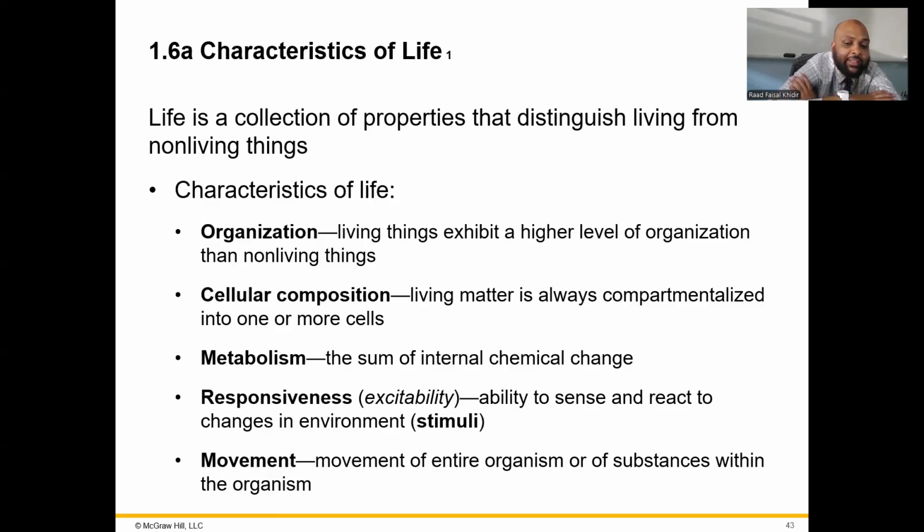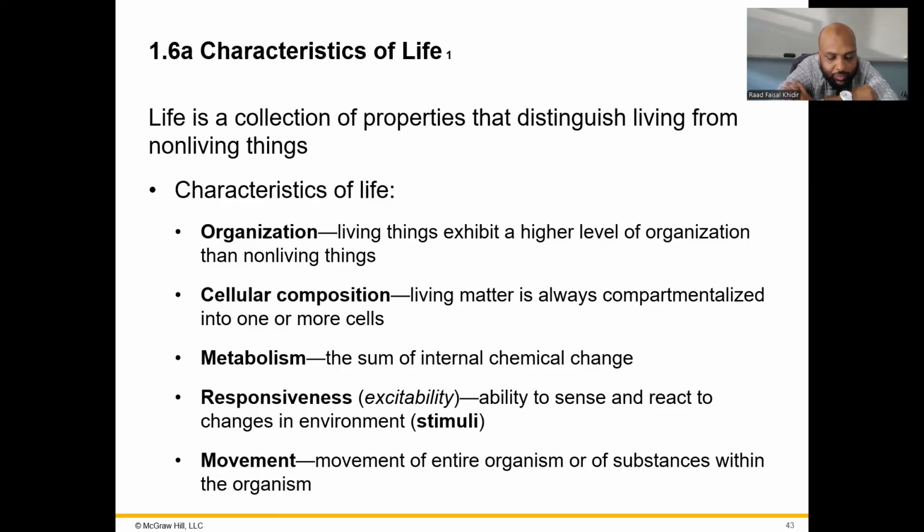Responsiveness says excitability. Excitability is the ability to sense and react to changes in the environment, stimuli. When we sense a stimulus, what is its number in the sequence of events of negative feedback that helps restore homeostasis? It is the first one. We must have the ability to sense a deviation so we can respond to it.